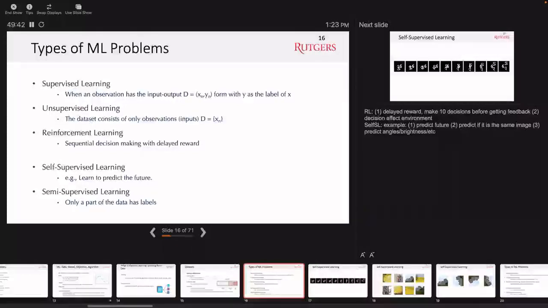There's another machine learning problem called reinforcement learning. Reinforcement learning is a little bit different. It involves sequential decision making with delayed reward. So what's delayed reward? If you think about supervised learning, when you are learning the model, you're given the x, and the model will predict something called y hat.